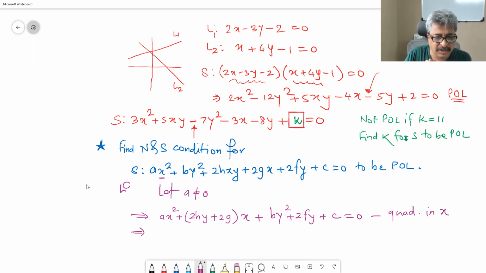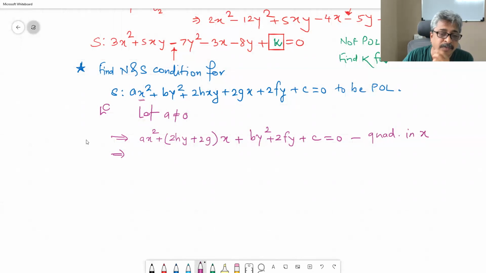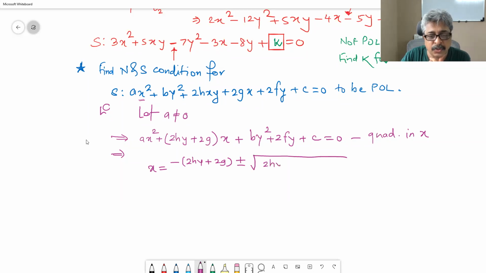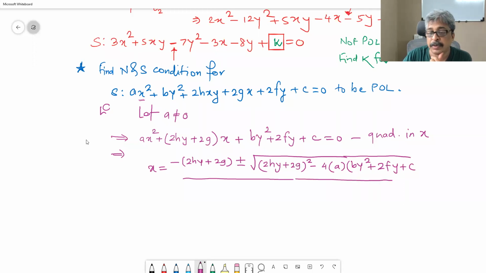Okay, and then we factorize using the quadratic formula. So x is equal to minus b, that is minus (2hy plus 2g), plus or minus under root b square, (2hy plus 2g) square, minus 4a times (by square plus 2fy plus c), divided by 2a.